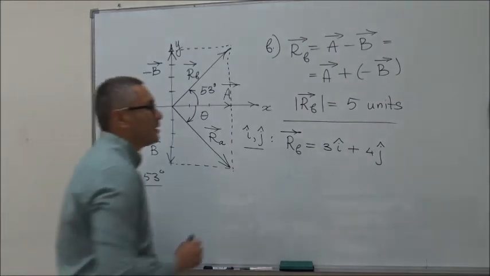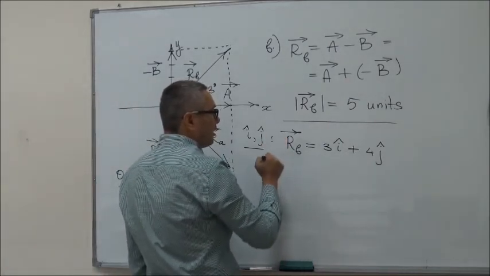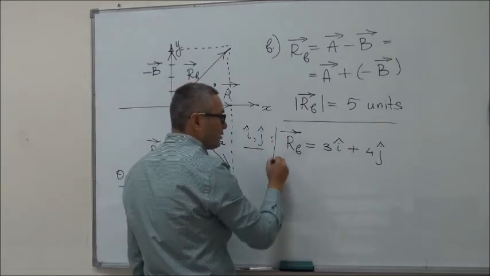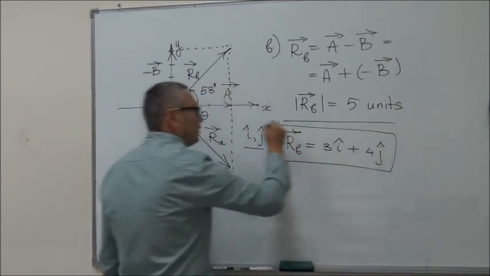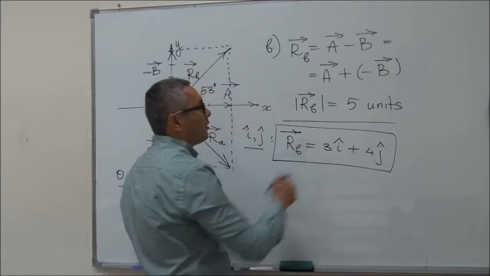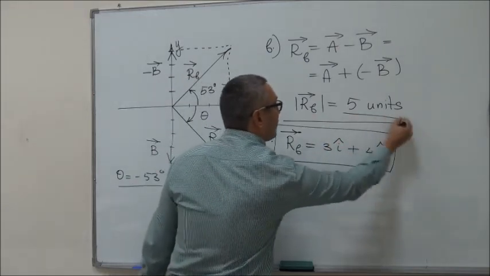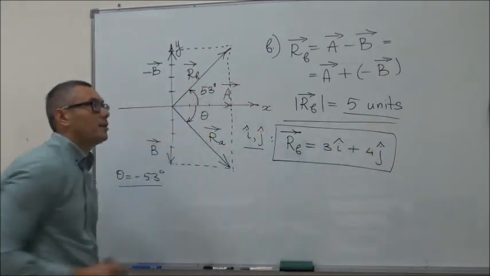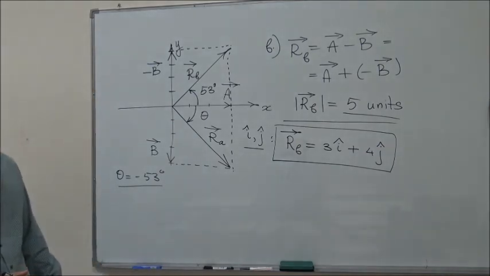So whenever you state the result of the vector, the final result has to be either in an i j notation, or you should give its length and the angle with respect to one of the axes, either x or y, and show it on a diagram.